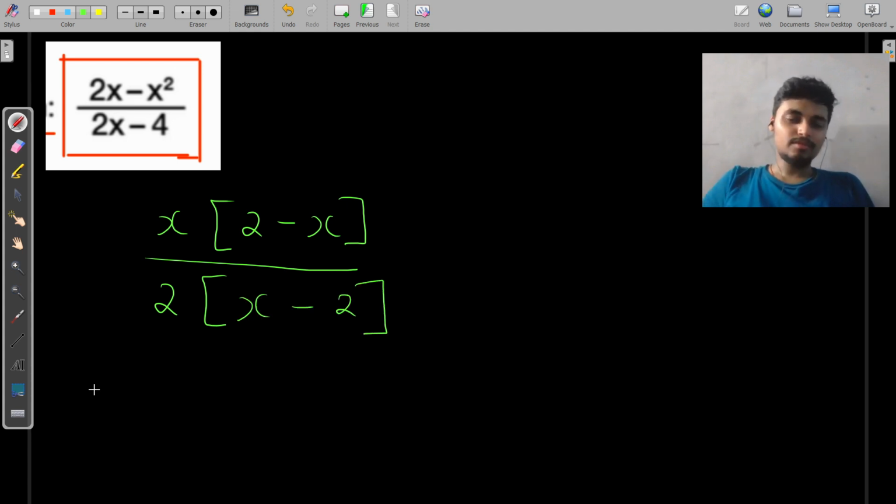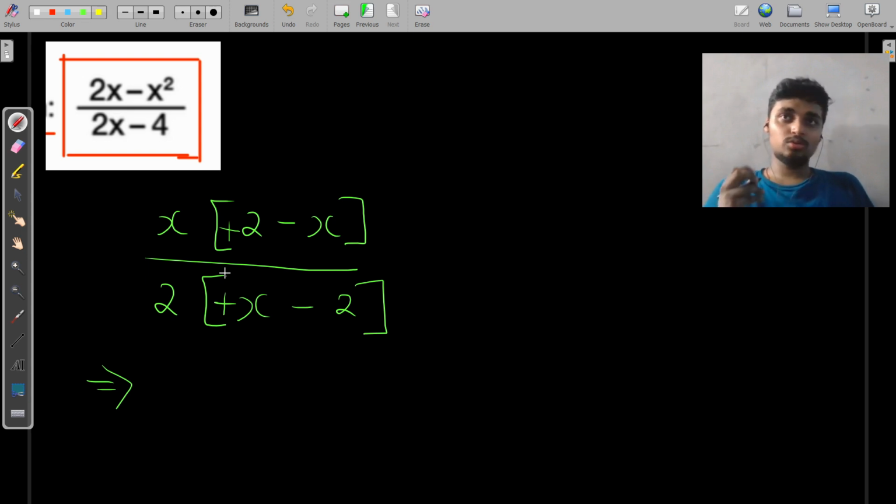Great. Now we can clearly see that there is only a sign difference. In the denominator, it is x − 2, meaning x has a positive sign and 2 has a negative sign. On the other hand, in the numerator, x has a negative sign while 2 has a positive sign.